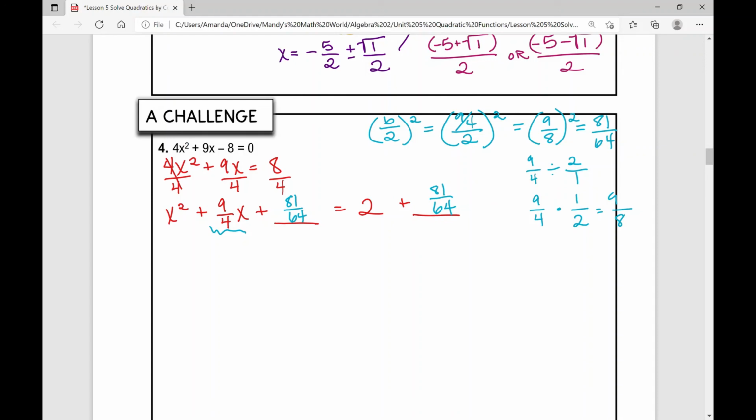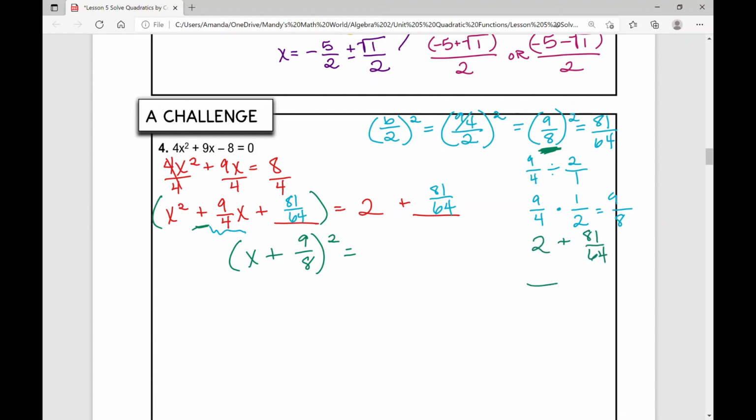So we have our perfect square trinomial on the left side of this equal sign. How does that factor? x plus, because this is a plus, x plus b over 2. Well, we already know what b over 2 is. It's 9 over 8. So x plus 9 over 8 squared equals 2 plus 81 over 64.